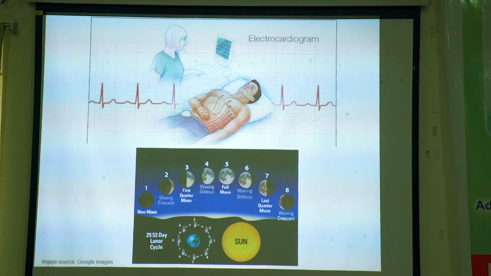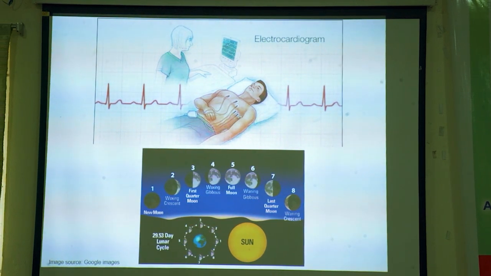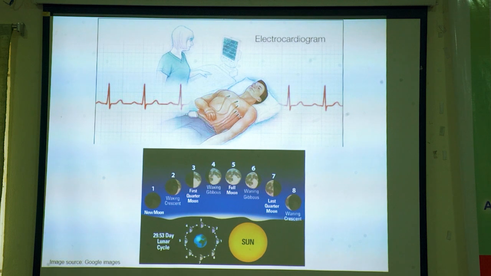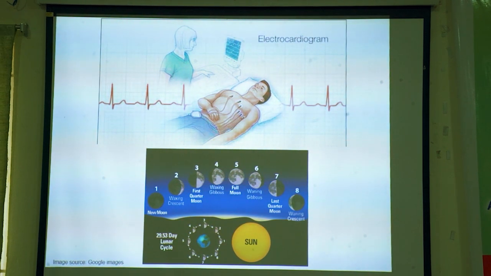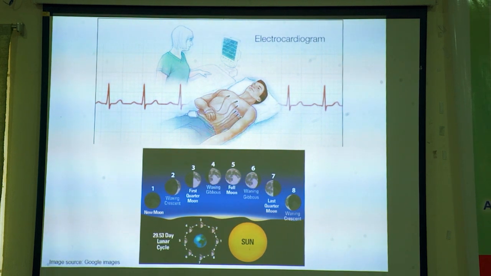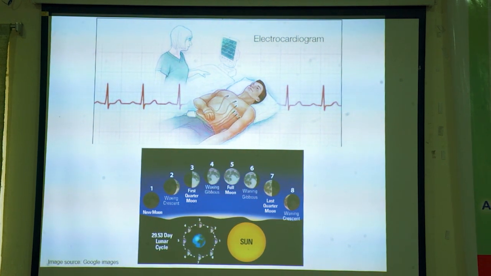Our heartbeat signal is a periodic signal. Periodic means the same signal repeats after some time, just like our lunar cycle. The lunar cycle means the moon shapes come again every month. After Pournami, after another 28 days, the same shape will continue. 28 days is the period.